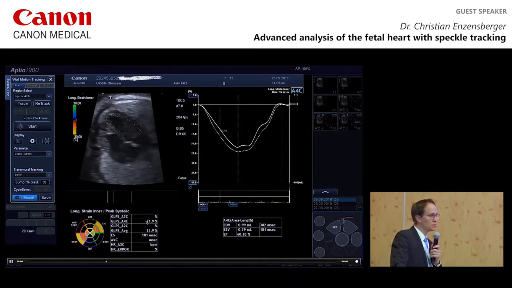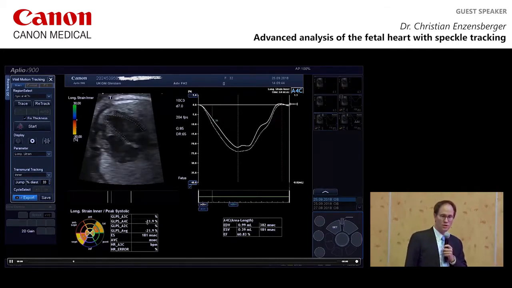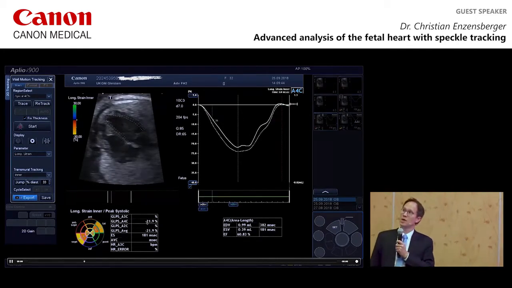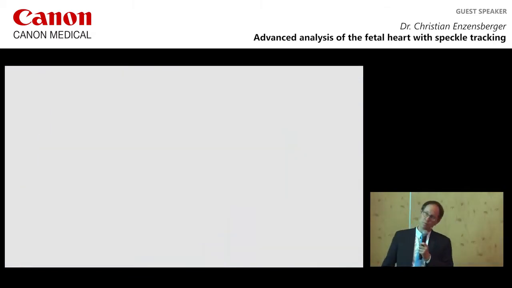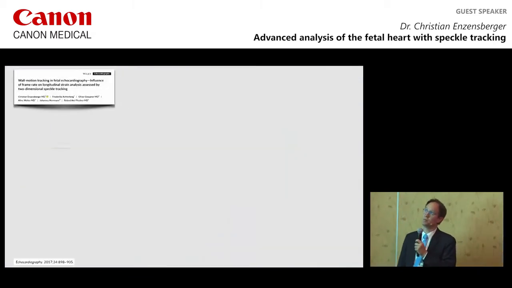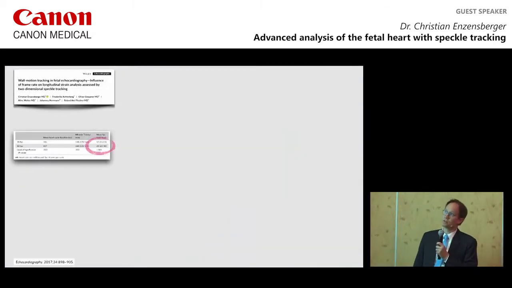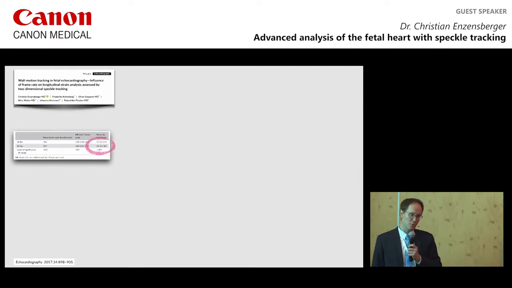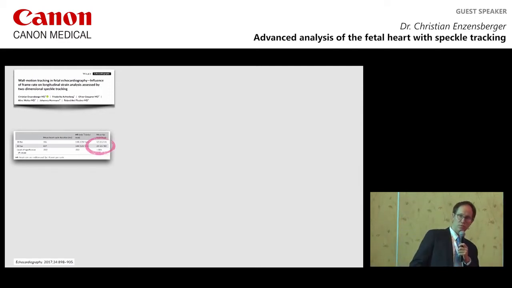So we have to think about the frame rate when we do our data acquisition, and this is one of the parts we examined in the past. We first checked the way your video loops in your clinical department or in your private practice are saved, with 30 or 60 frames per second.